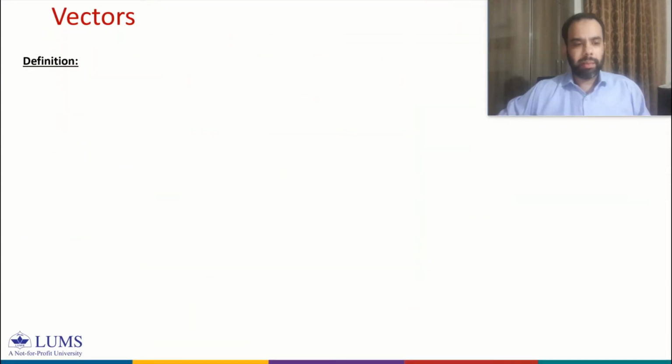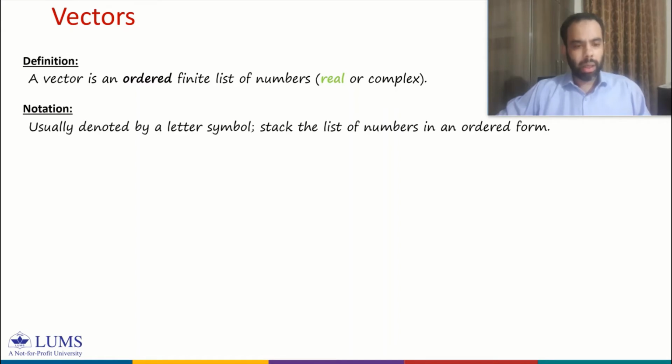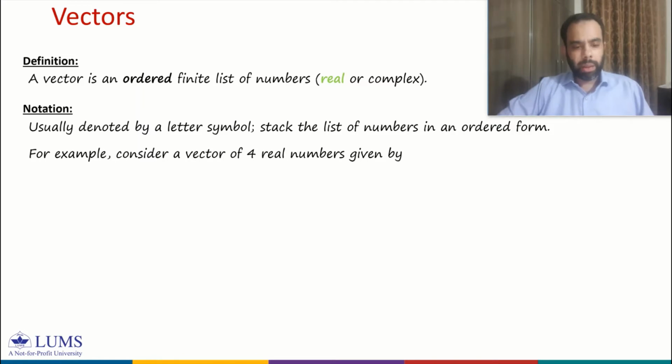We define a vector as an ordered finite list of numbers, and those numbers can be real or complex. In this course, we will only talk about real numbers. We represent a vector using a letter symbol, and we stack the list of numbers in an ordered form. For example, a vector of 4 real numbers can be represented in this form.